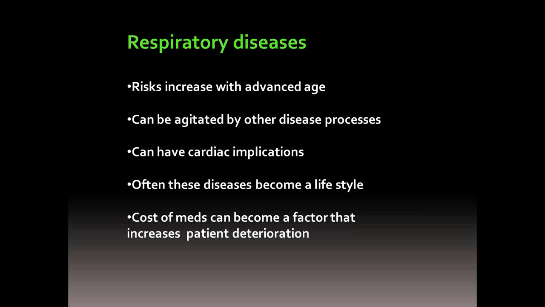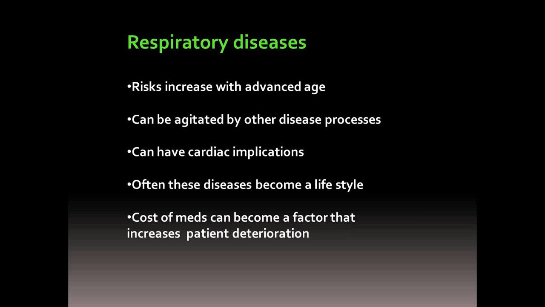Now, we talked about before with respiratory diseases, there's a ton of things that could also affect the respiratory diseases. Some of the more common ones would probably be congestive heart failure. If you've got congestive heart failure, you're going to have fluid that backs up in the lungs. It is not a respiratory disease, it's a cardiac disease. But the signs and symptoms show up in the respiratory tract. So when the heart can't pump out all of the blood effectively, it backs up.